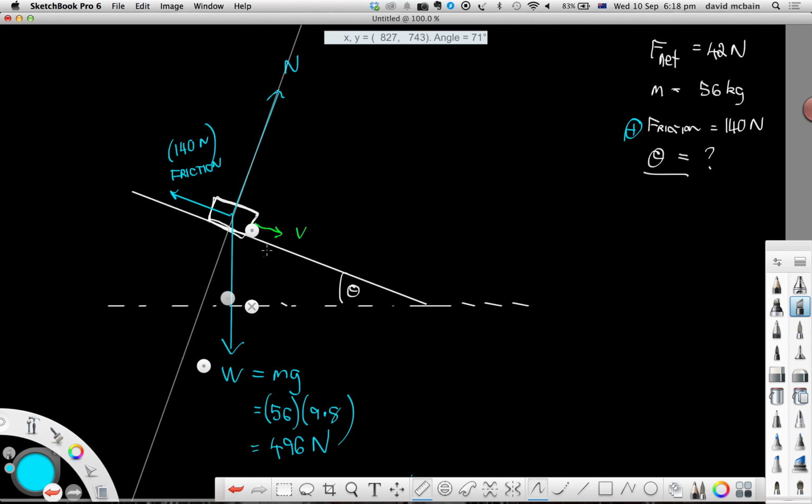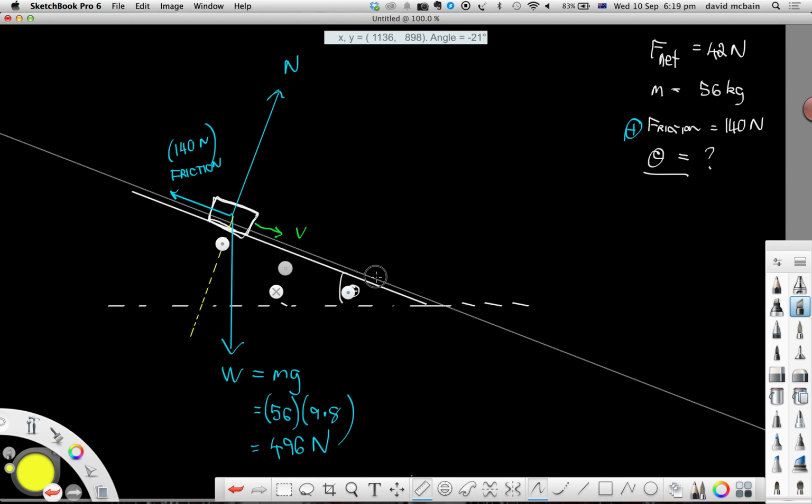So we need to break it down, and we'll do it in yellow. We need to break it down into a component which is at right angles to the slope, and a component which is parallel to the slope.